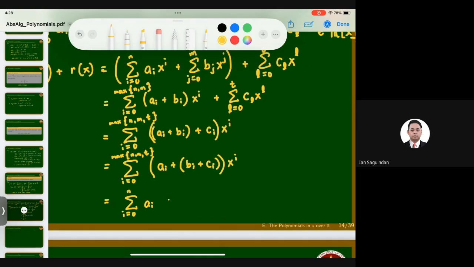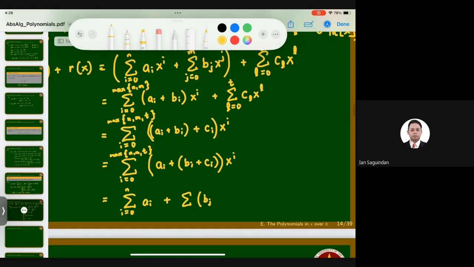And then for the other polynomial, we have the summation of all, in this case, using the indexing variable j, without loss of generality, b sub j plus c sub j, x to the j running from 0 up to whichever is higher between m and p.